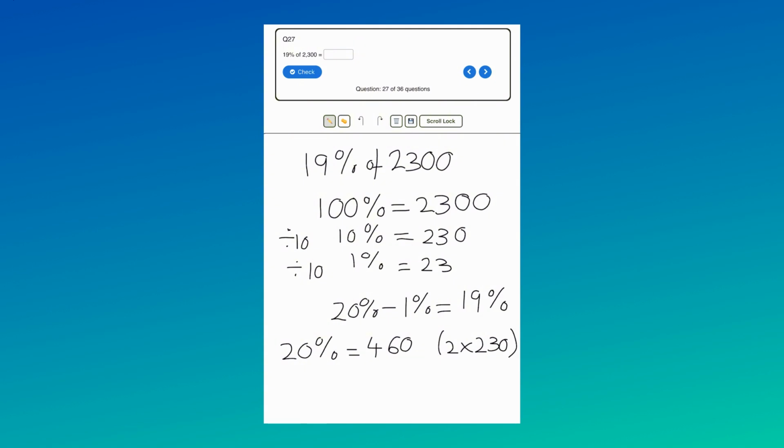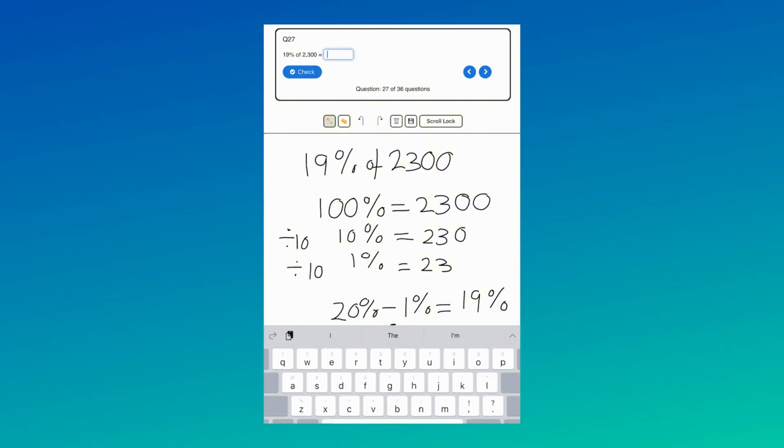Now I can just take away my 1%, which I worked out is 23, and that will give me my 19%. 0 take away 3 I can't do, so I cross out the 6 and put a 5, put a 1 next to the 0 to make 10. 10 take away 3 is 7, 5 take away 2 is 3, and my last number is 4, so my answer is 437.